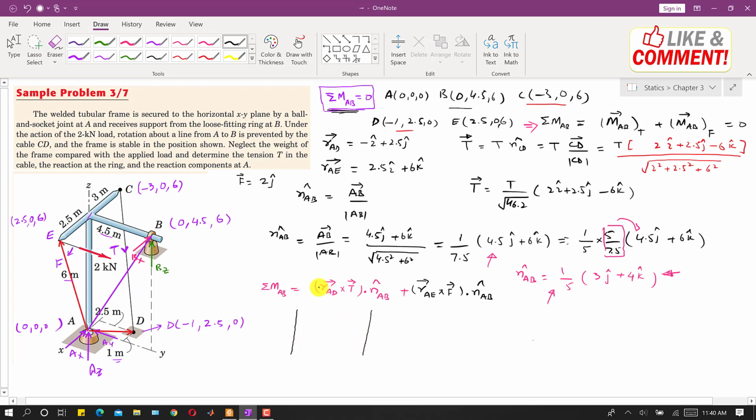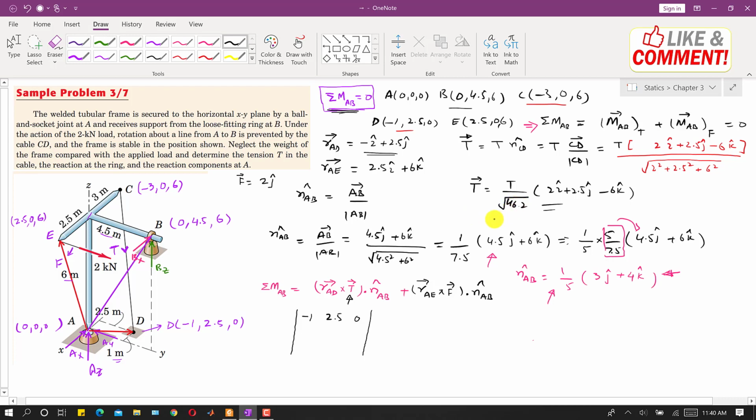So we will write RAD. So where is RAD? So this is RAD, right? So this is minus I plus 2.5, right? So we will write minus 1, 2.5 and 0, right? And then the T, so this is the T vector, right?